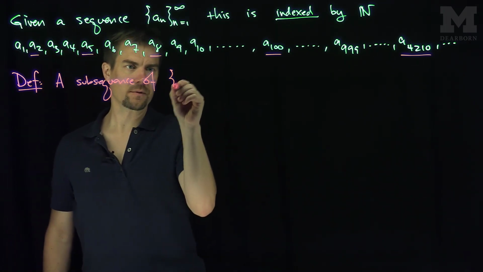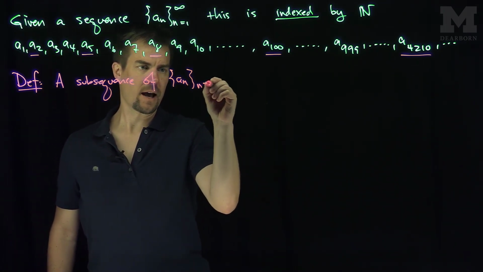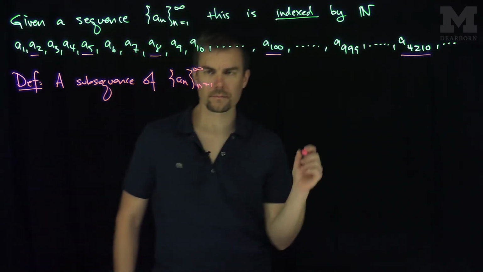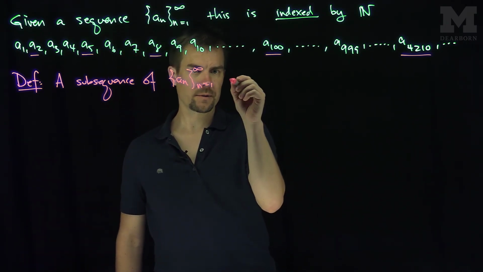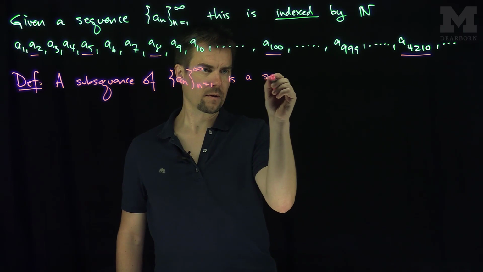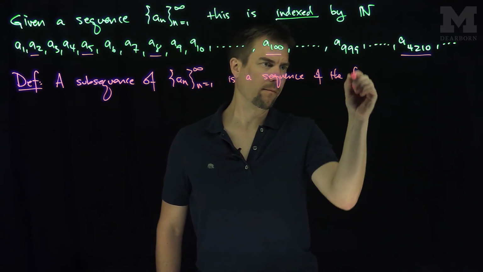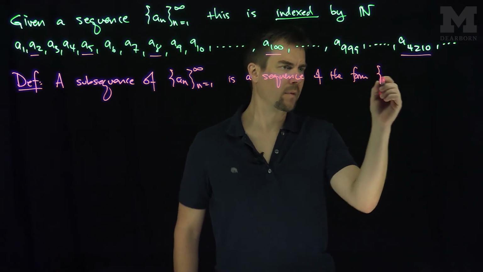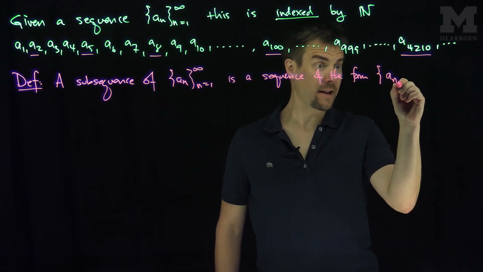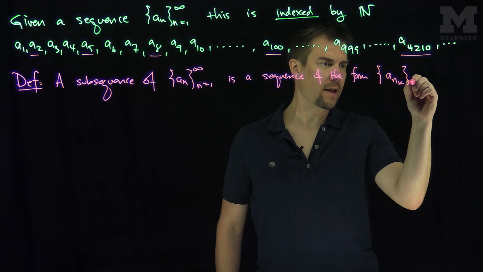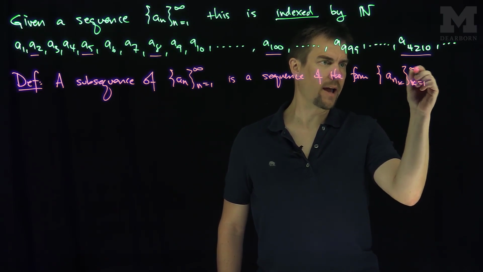A subsequence of our given sequence a_n, n goes from 1 to infinity, is another sequence of the form a_{n_k}, where now k is indexed by n.